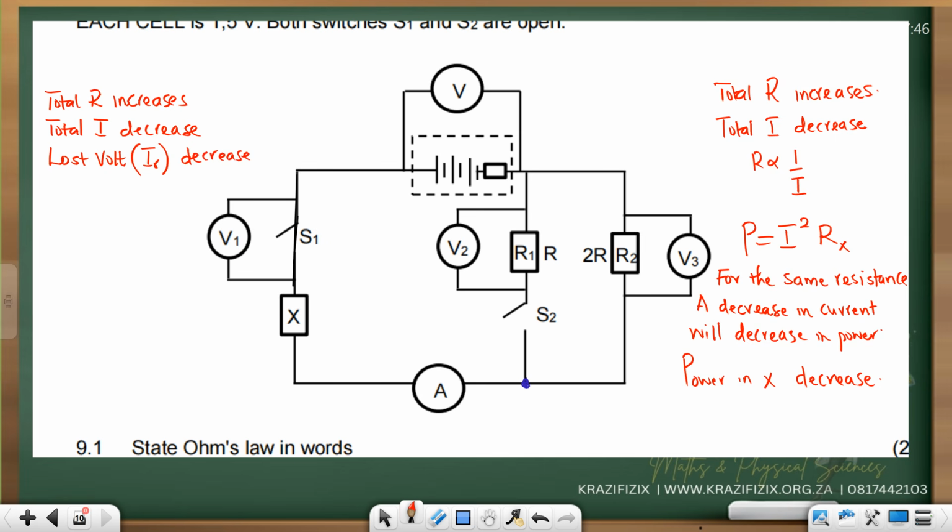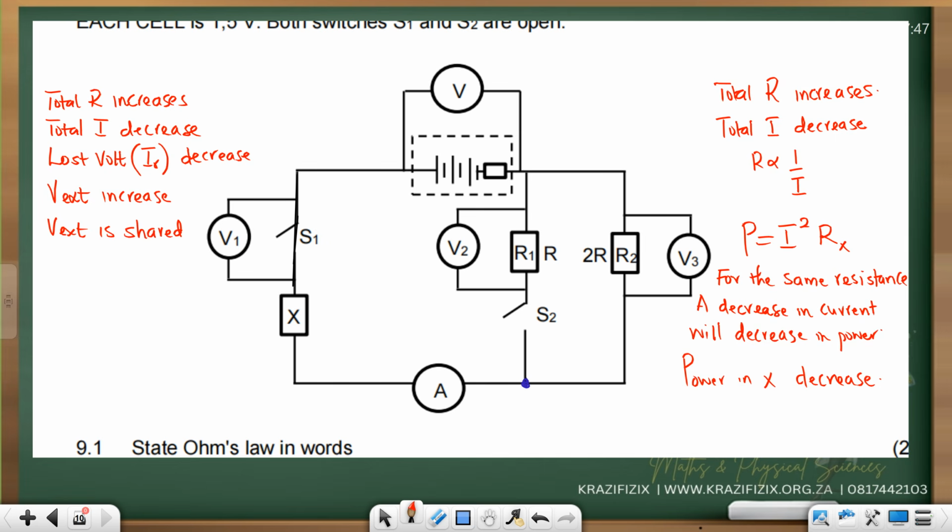Is that fine? But watch now. V external will what? Increase. However, V external is shared. These things are now connected in what? In series.